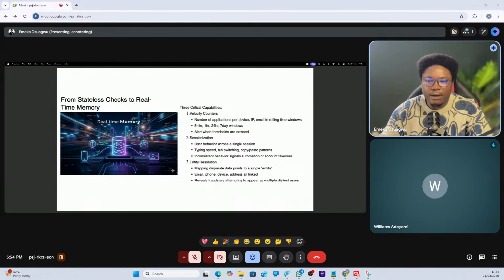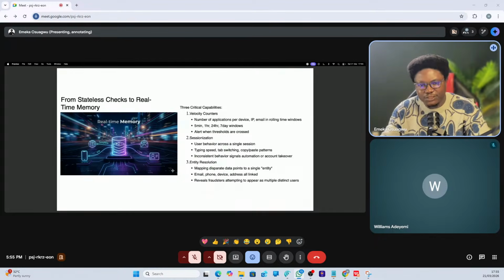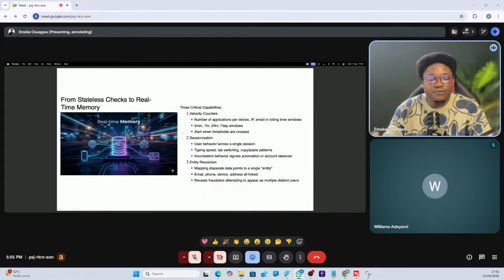If you make applications multiple times, how do we store that information from an IP-based point of view? How do we keep track of it in the next application that we see from a particular user? What about the alert threshold window? What are the thresholds that are being set for us to be able to verify you as a customer from application to reapplication and even disbursement and maybe even the payment?